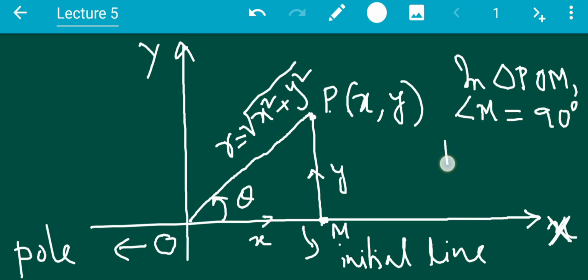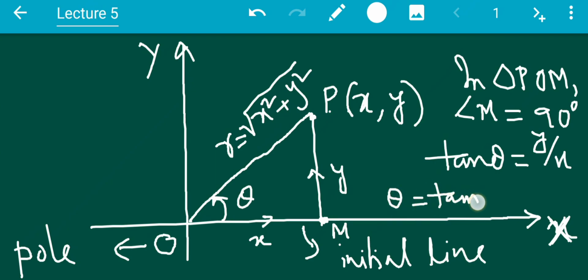So tan theta is equal to y by x, so theta is equal to tan inverse of y by x. So this is the theta, this is the r. So from x and y we can easily find r and theta. Okay, there is no problem.